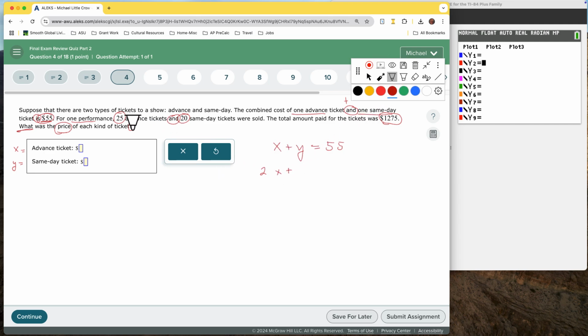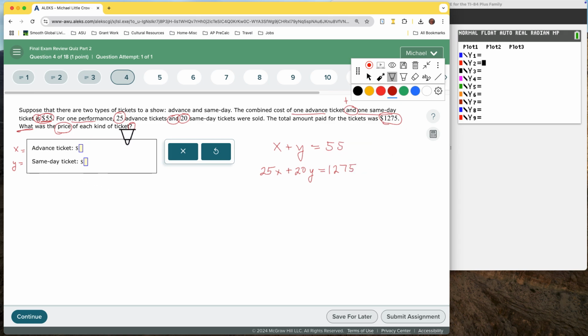I'm thinking through these things too. You're probably better at this than I am, but I really have to consider. Okay, then I got 20 same day, which is my Y. The total amount paid for the tickets for this particular performance was $12.75.